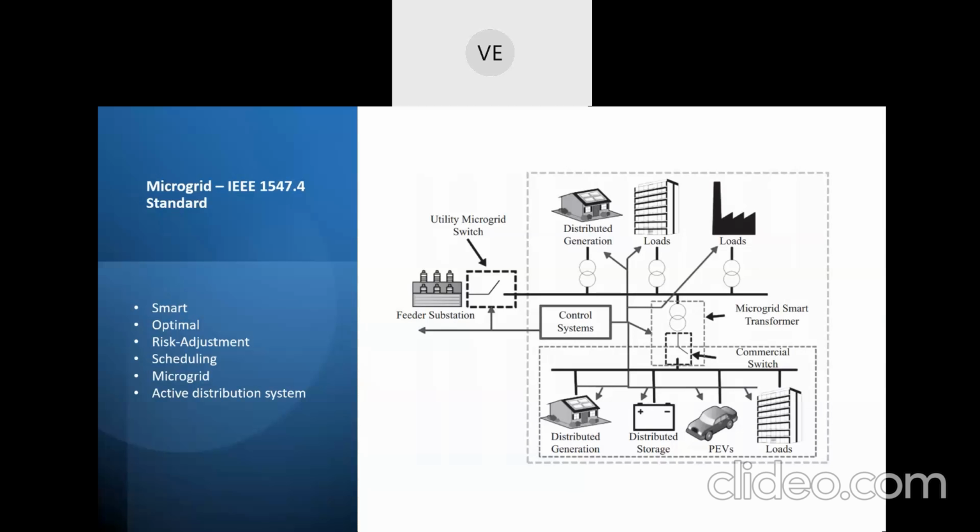This is a bit different from the scheduled dispatch. So the risk of deviation from the schedule must be taken care of while scheduling itself. That is what is meant by the term risk adjustment.